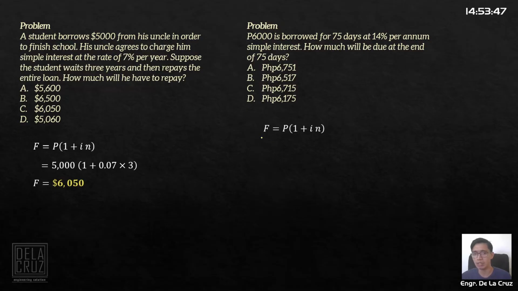Okay? Take note, ito yung ating formula. Same lang dito. Alam natin yung principal amount, that's $6,000. Meron tayong I. Yung N natin, yung given is 75 days. Gagawin lang natin yung year.